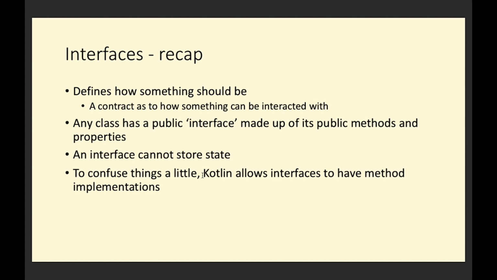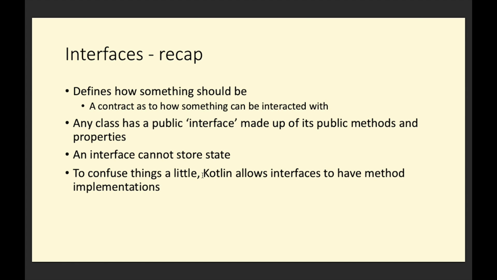Sometimes we're going to have to make use of interfaces in a minute, so we'll just have a quick recap on how they work. If you remember from last year, an interface defines how something should be. Typically, we give an interface a name, and then we declare the stub, the signature of the method that we want to be implemented. It won't normally include how the method is implemented, because that could vary, but we say how it should be.